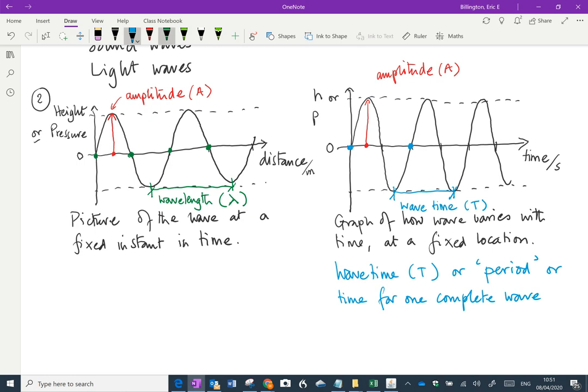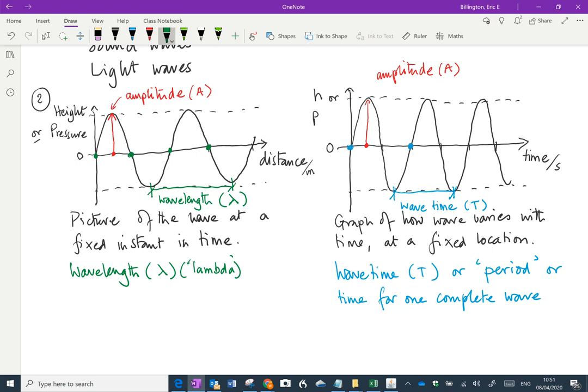So maybe I'll just go back into green again, and we'll say over here the wavelength. The wavelength, lambda. I better spell it lambda. Isn't that funny, with an M, a B, and a D in the middle? It's a Greek letter.